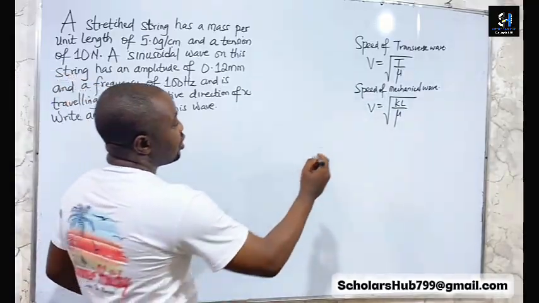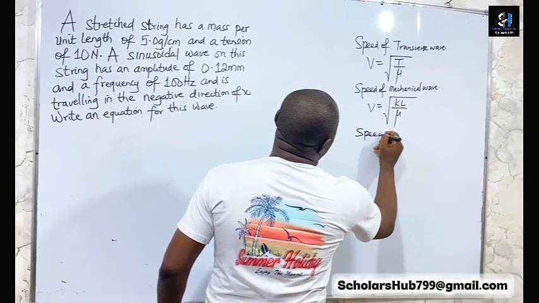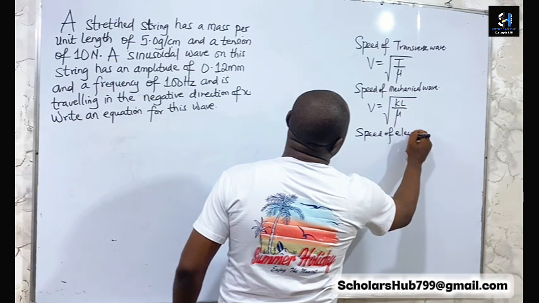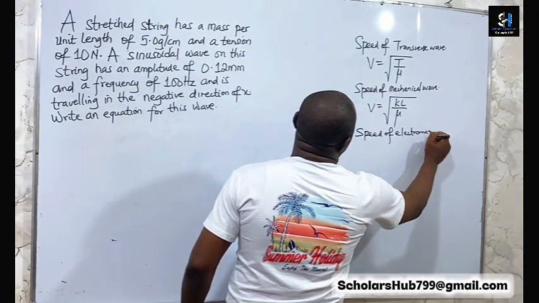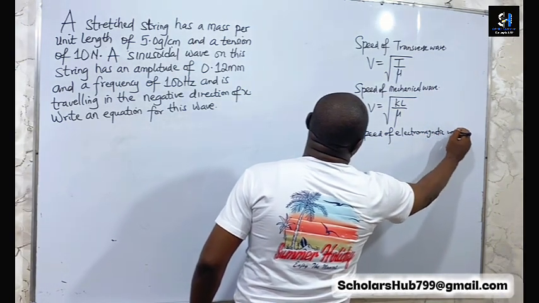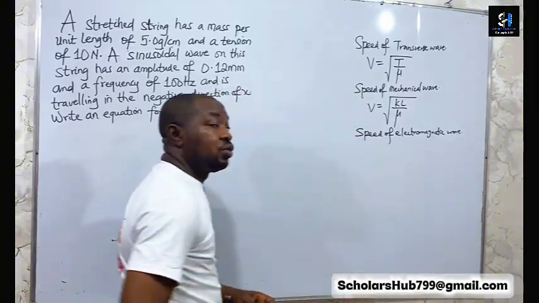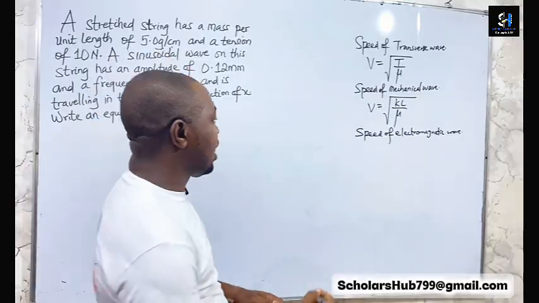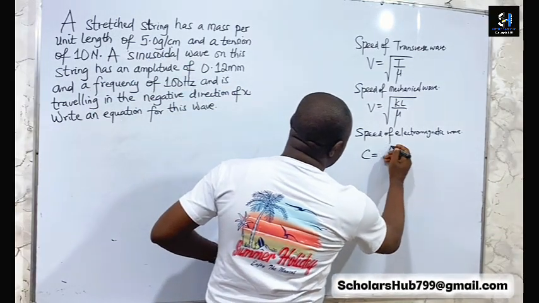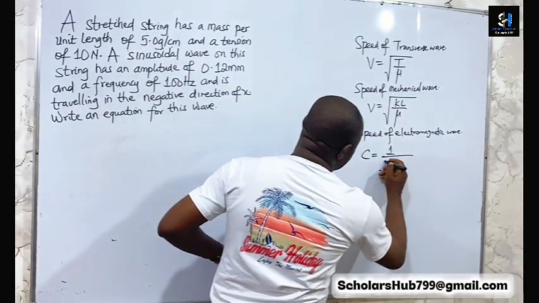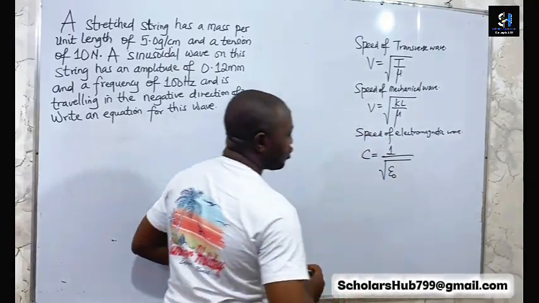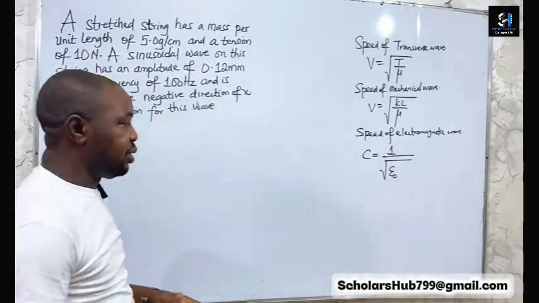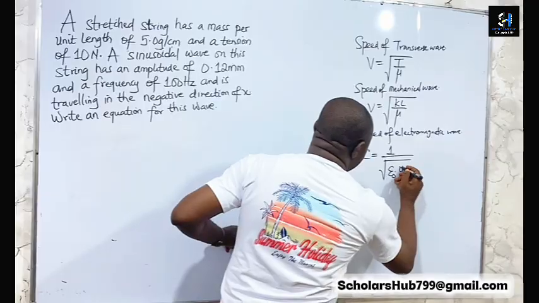Then there's also the speed of an electromagnetic wave. All electromagnetic waves travel at the speed of light, which equals the square root of the product of permittivity of free space and permeability of free space.